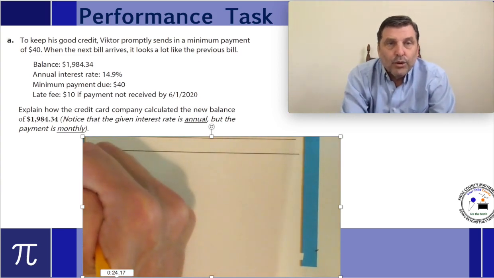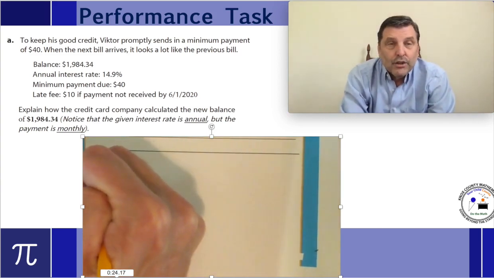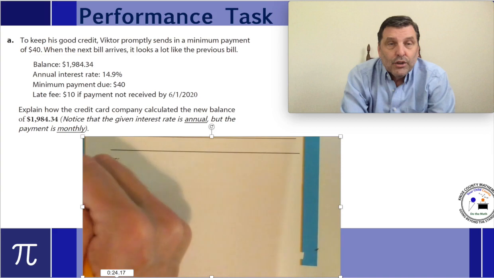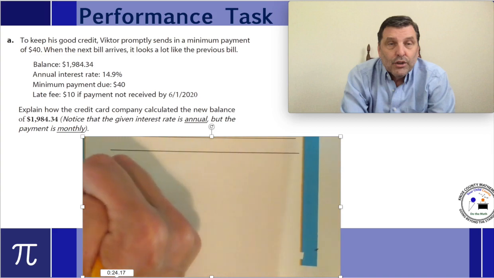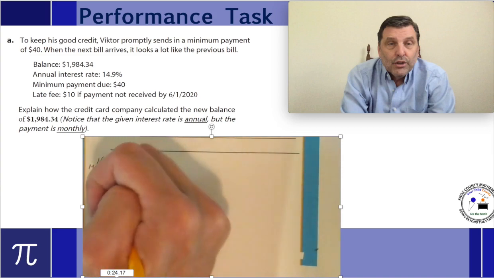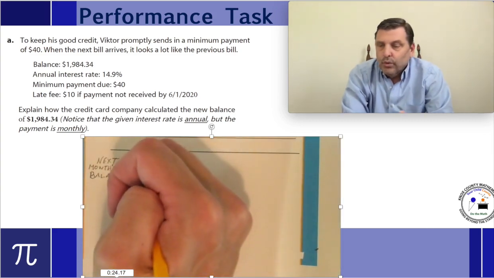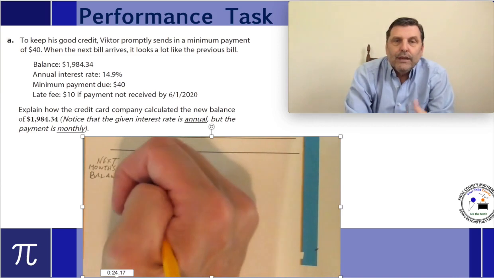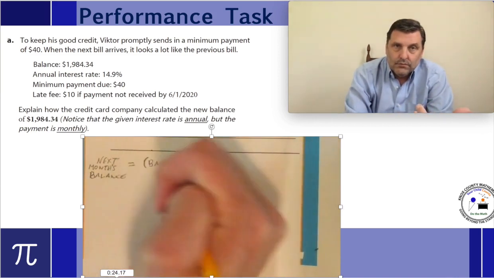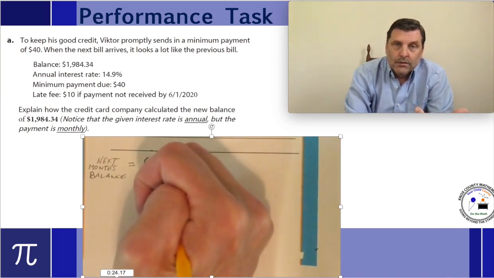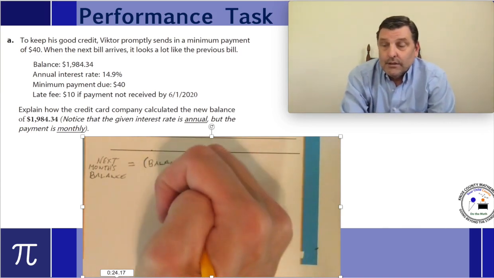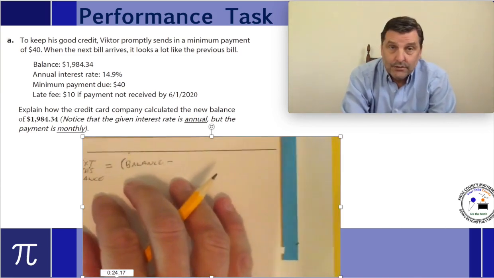Okay, so we will look at what the next balance due is. Originally it was $2,000, but how do we determine the next monthly balance? It equals the previous balance minus the payment made.